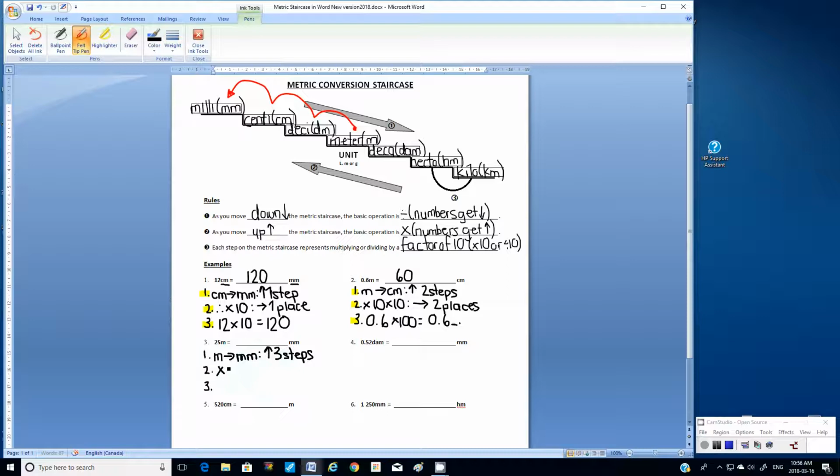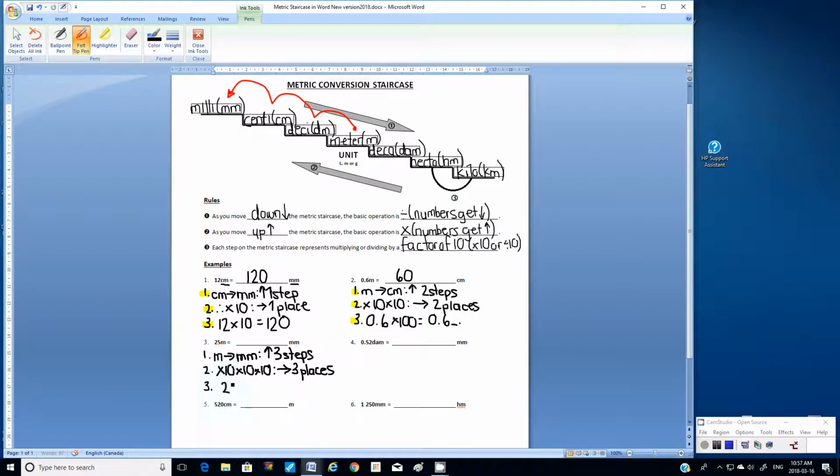So if we go up by 3 steps, that's actually times 10, times 10, times 10. So whenever we're multiplying by powers of 10, we know that we move the decimal place to the right. And because we're multiplying by 10, by 10, by 10, we know that we need to move the decimal place 3 places to the right.